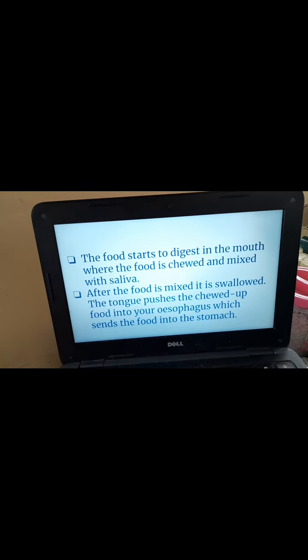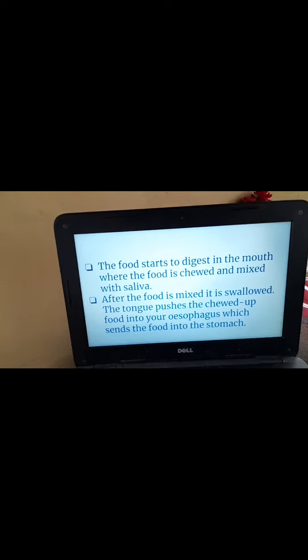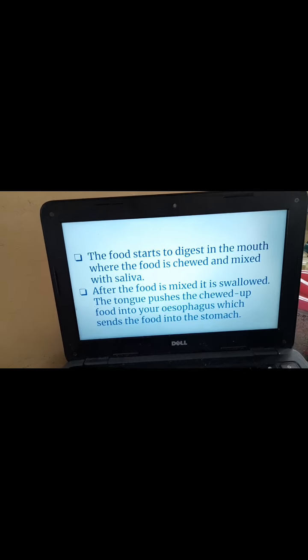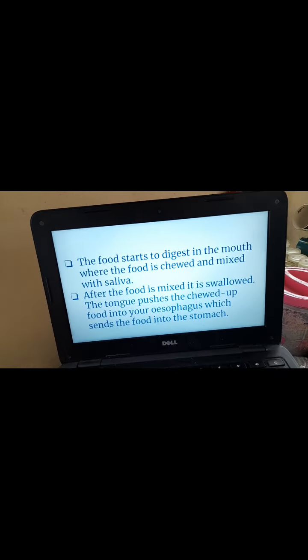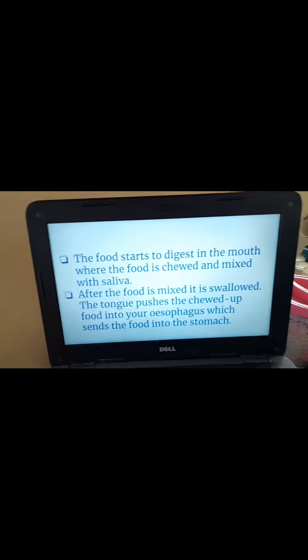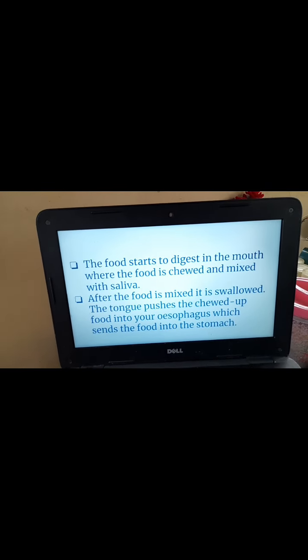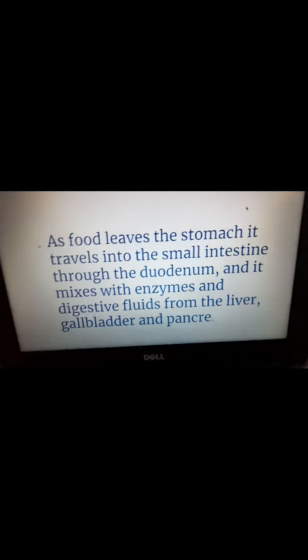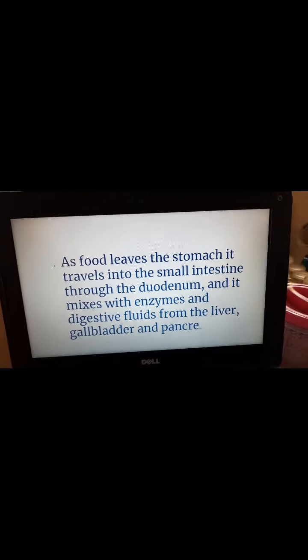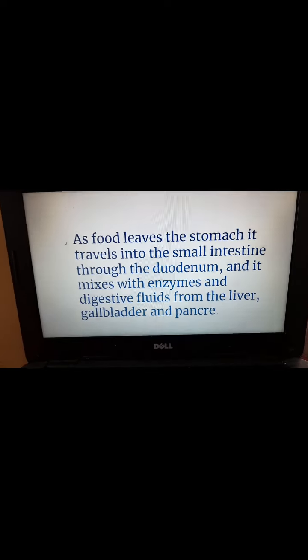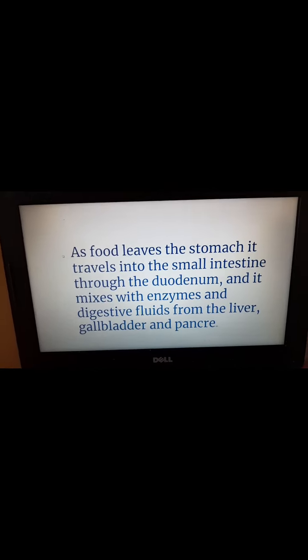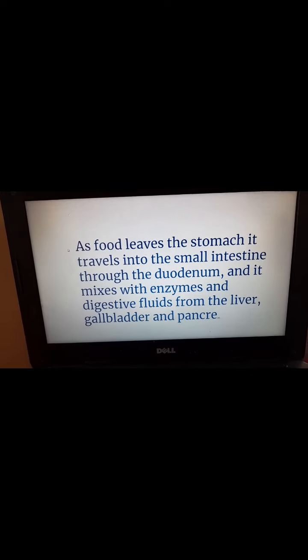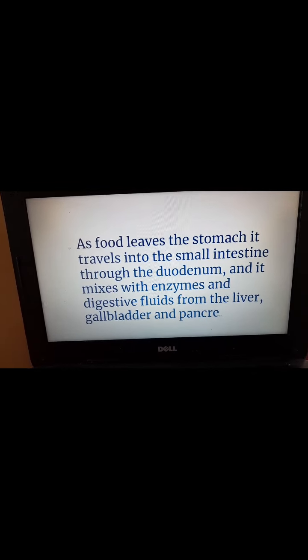The food starts to digest in the mouth, where it's chewed and mixed with saliva. We just discussed that. The next one here is after the food is mixed up and swallowed, the tongue pushes the chewed food into the esophagus, which, since we know, as the food leaves the stomach, it travels into the small intestine through the duodenum, and it mixes with enzymes, digestive fluids from the liver, gallbladder, and pancreas.